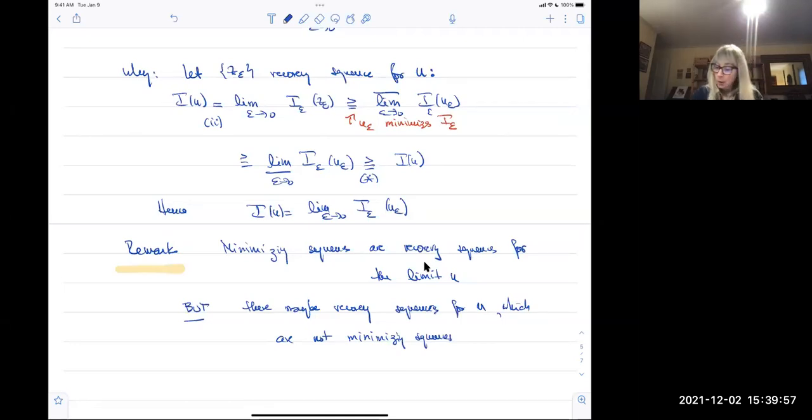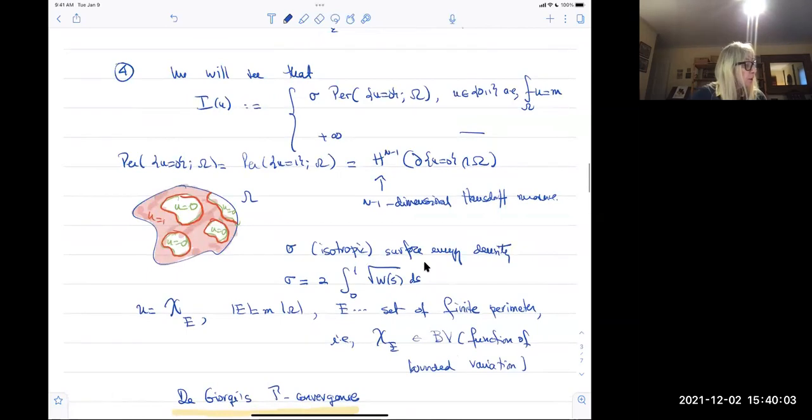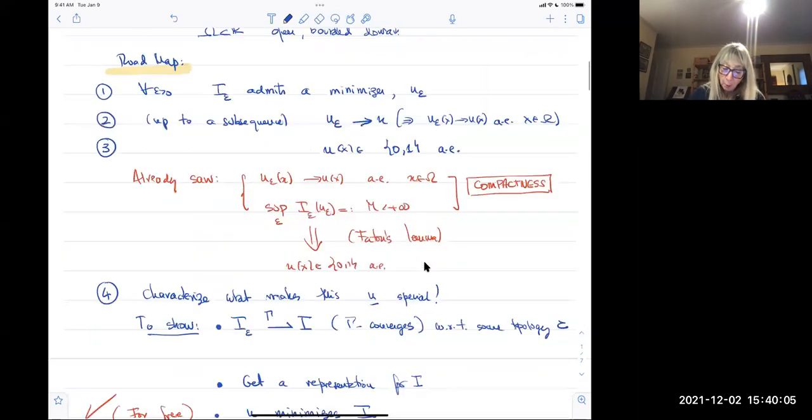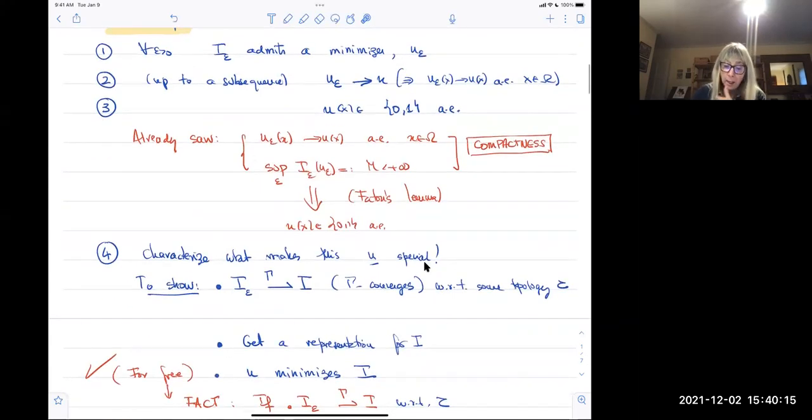Now I think I'm at my limit, because what I want to do next is point 1. Point 1 is that each I epsilon admits a minimizer. I introduced the concept behind this, but I didn't tell you yet what our gamma limit is, but I did the groundwork for this.